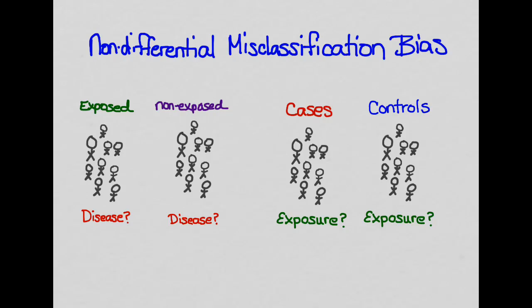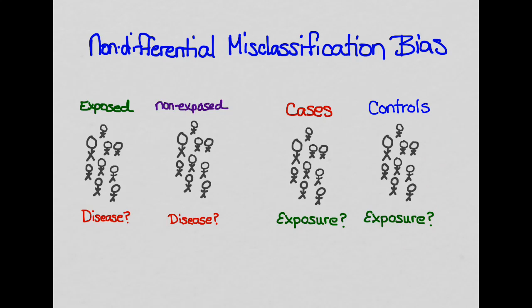So in non-differential misclassification bias, the exposure and disease are equally likely to be misclassified in each of the groups. In the cohort or RCT design, the exposure and disease are as likely to be misclassified in this group as they are in this group. And similarly in the case control design, the disease and exposure are equally likely to be misclassified in this group and in this group.